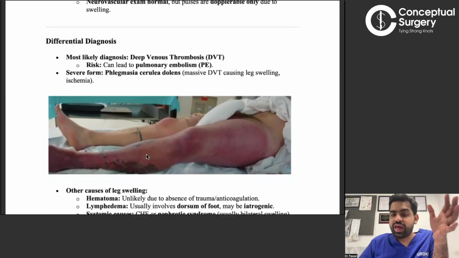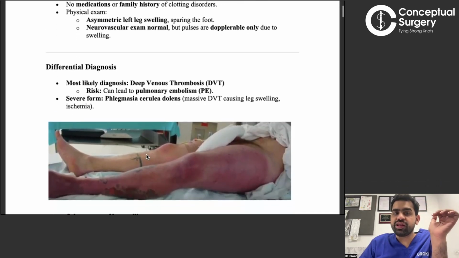This is the characteristic image of phlegmasia cerulea dolens, which is basically the painful blue leg. That is what the patient is having.